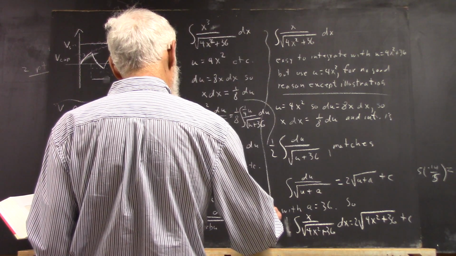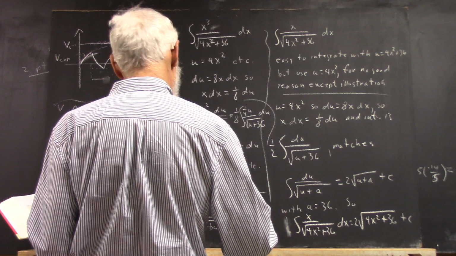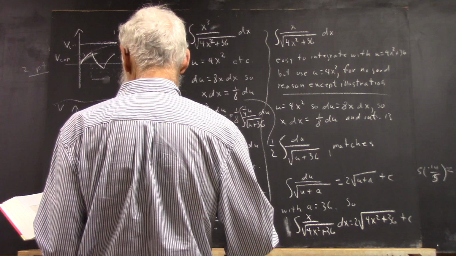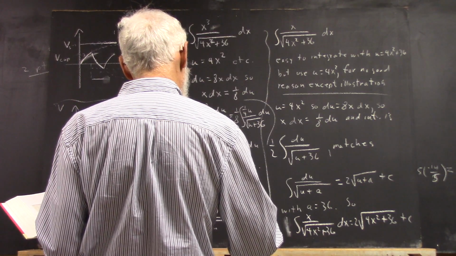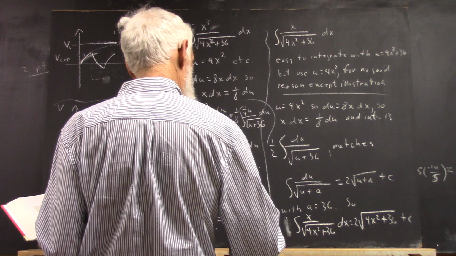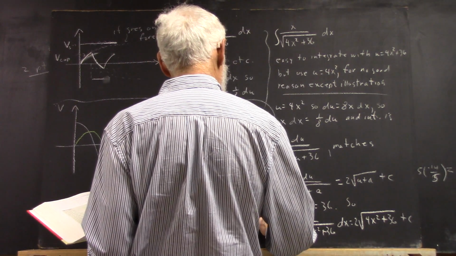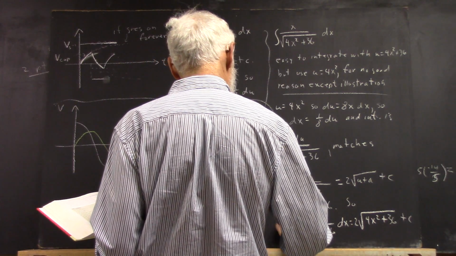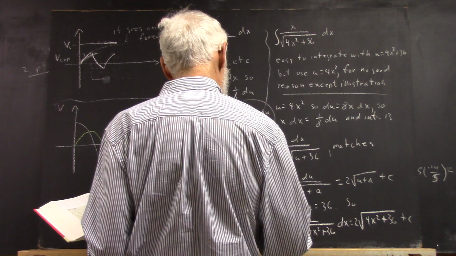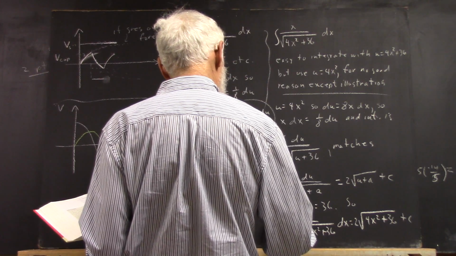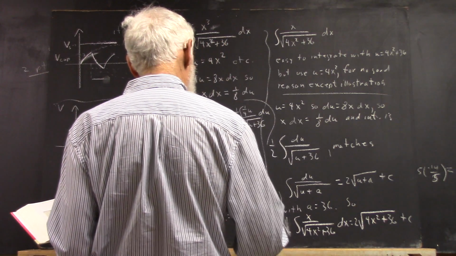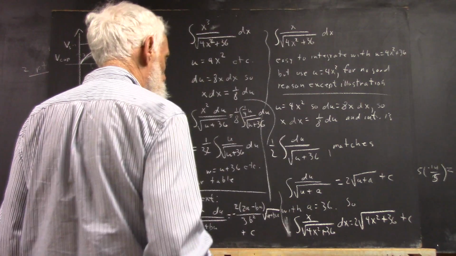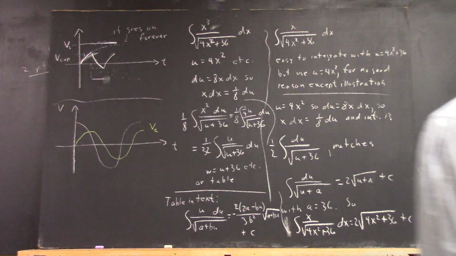It's 2 times (bu minus 2a) over 3b squared times the square root of a plus bu, plus a constant. Okay?